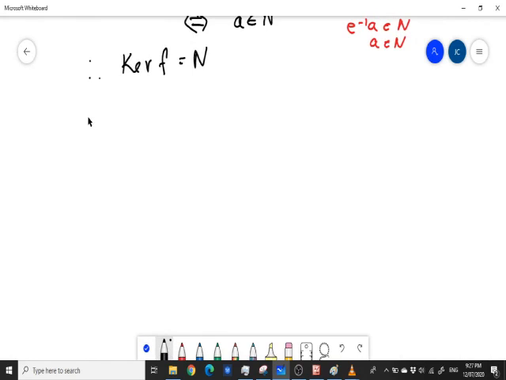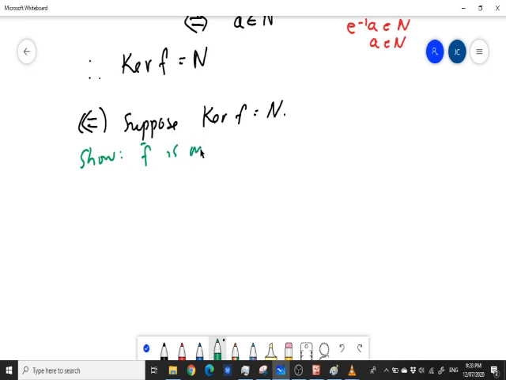The opposite direction. Suppose kernel of f equals n. You have to show that f bar is mono.